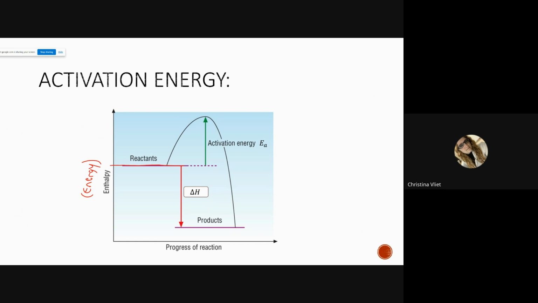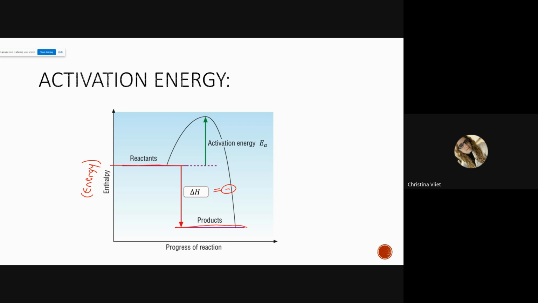This is the energy of the reactants, and this is the energy of our products. The difference between them is called the delta H. This enthalpy change is exothermic because the reactants are releasing energy to become products.